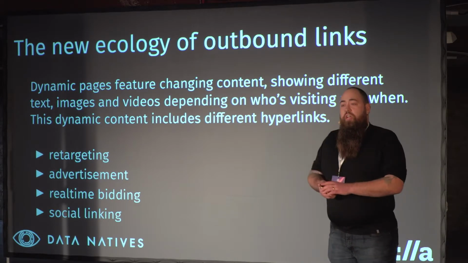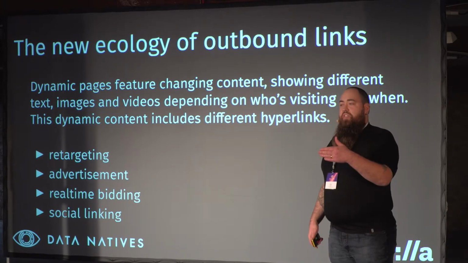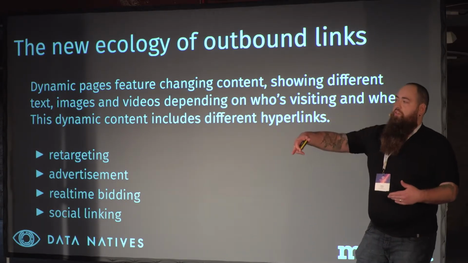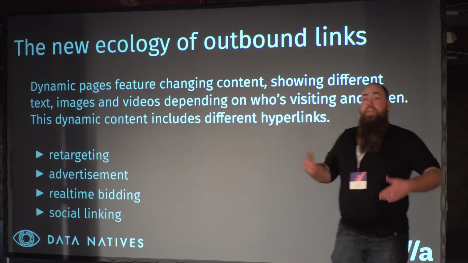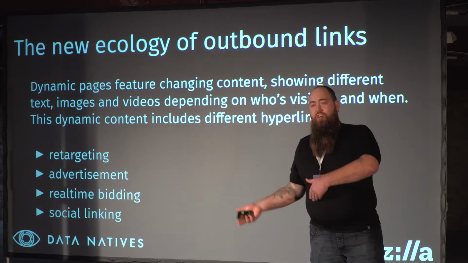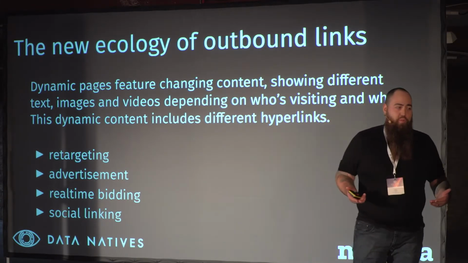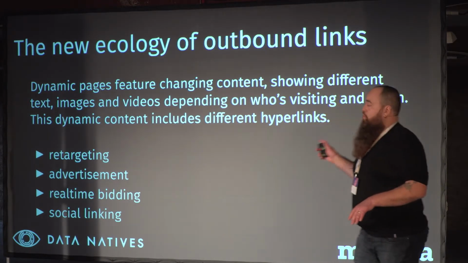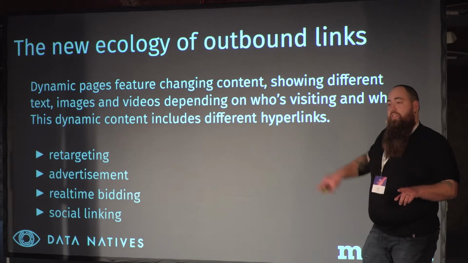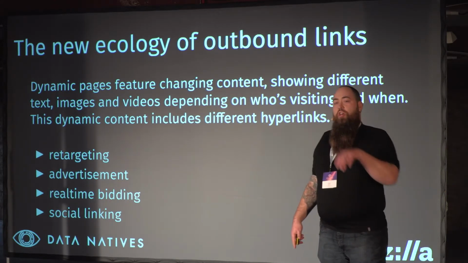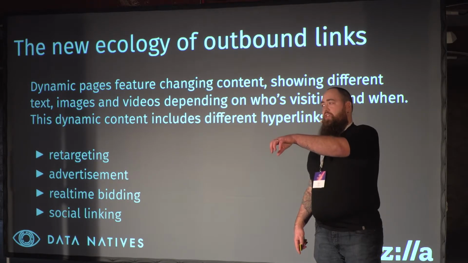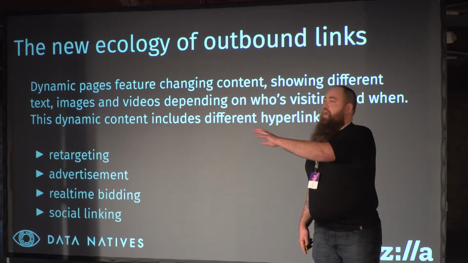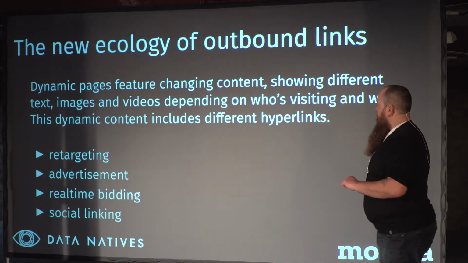We have retargeting, where you click on a piece of content, and rather than being immediately directed to that piece of content, you're first retargeted through a page that tags you as the kind of consumer who likes that kind of content in order to build a nice advertisement profile that's very, very valuable. And then you're redirected back to the content. But from a link structure, that route exists now. So a link has been made between the page and the advertisement site that's putting that cookie on you as a particular kind of media or content consumer, and then redirecting to where you actually wanted to end up.